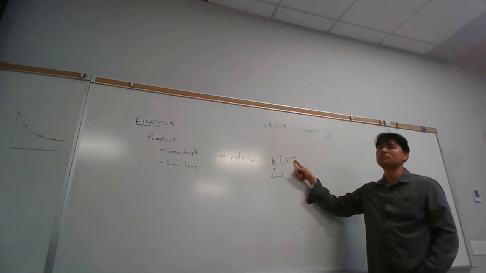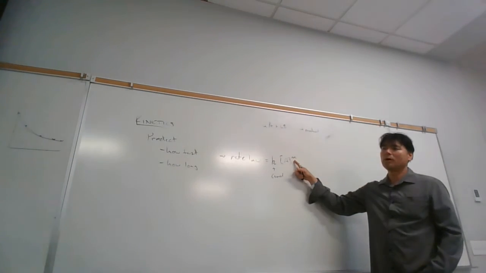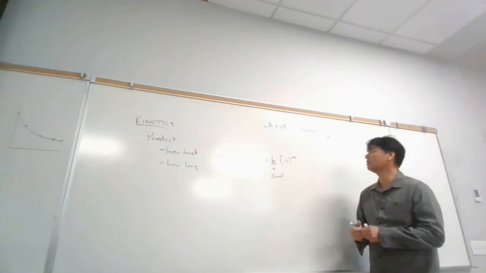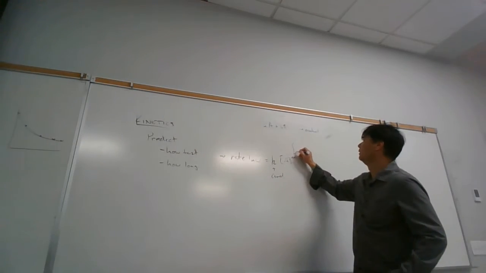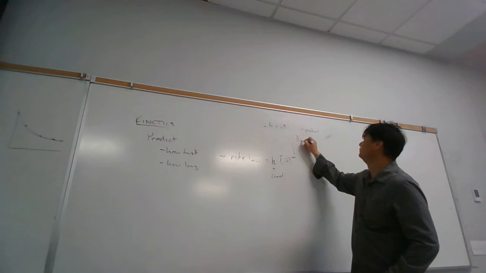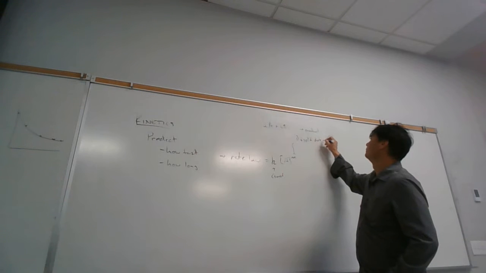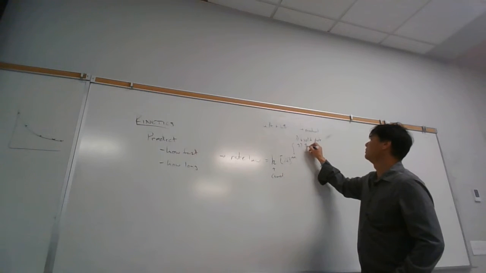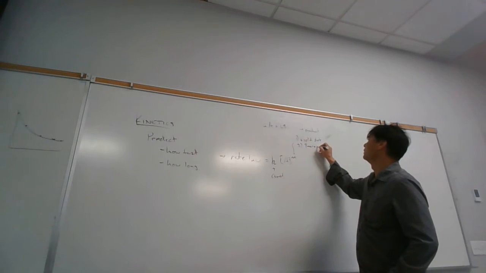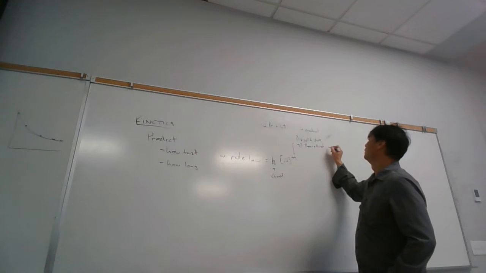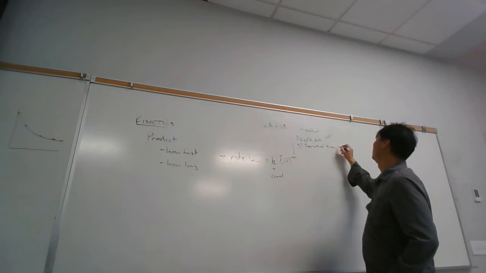And so m, there's two ways to get m. One is experimental, from empirical evidence. And so we do experimental determination. Or two, we could do a theoretical determination from the mechanism.